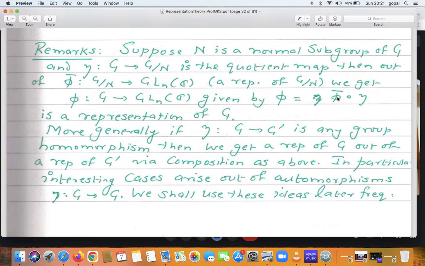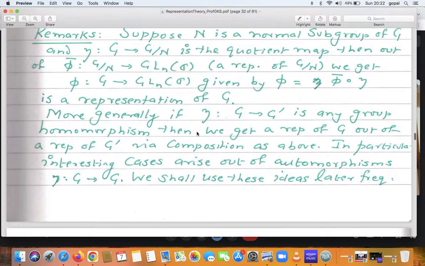More generally, if you take a surjective group homomorphism from G to G prime, then basically G prime is G mod N. So out of a representation of G prime, we can get a representation of G simply by composing it back via eta.